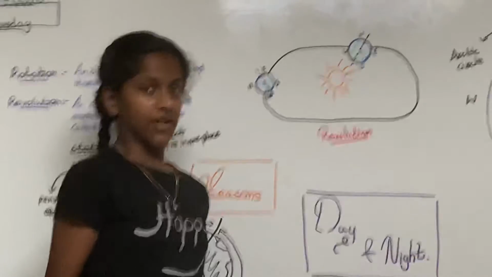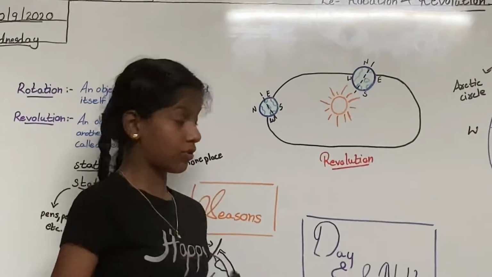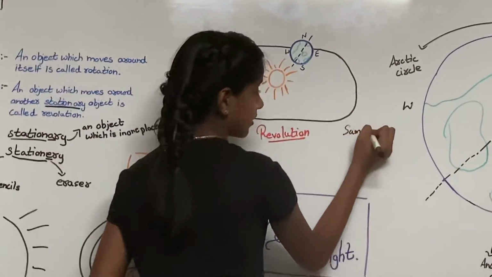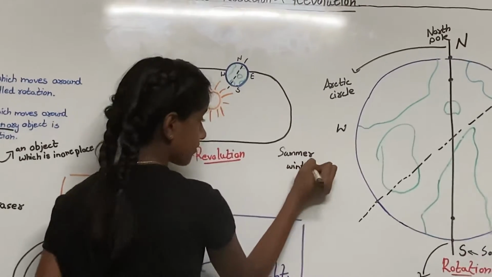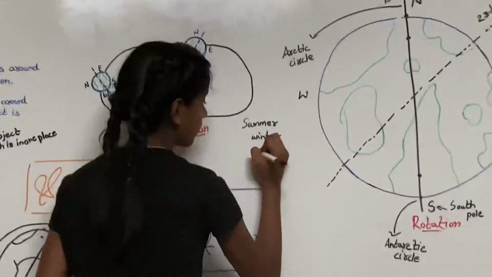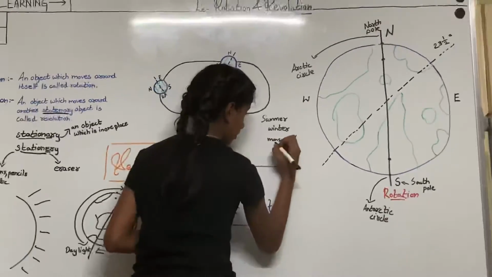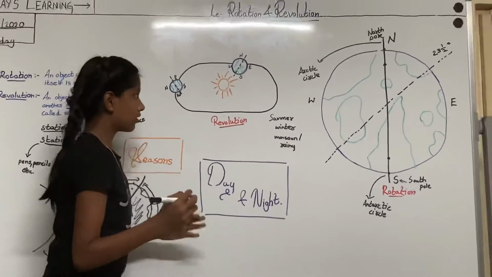Summer, winter, monsoon, spring, etc. But we experience more of summer, winter, and monsoon or rainy season. Okay.